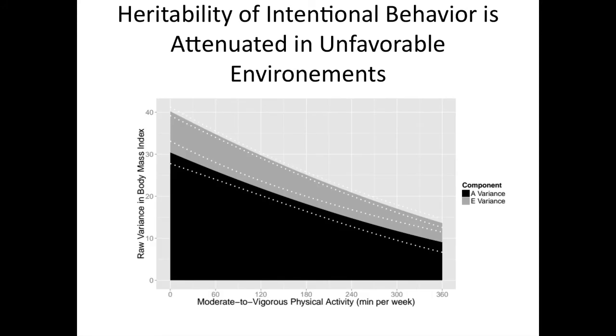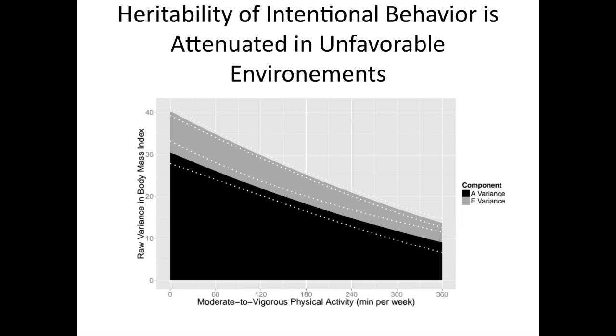Another characteristic of intentional behavior is that it's attenuated in unfavorable environments. This is some work, again in the University of Washington Twin Register, that I've just finished. The black region there is the genetic variance in BMI, plotted against the number of minutes of moderate to vigorous physical activity that people report.